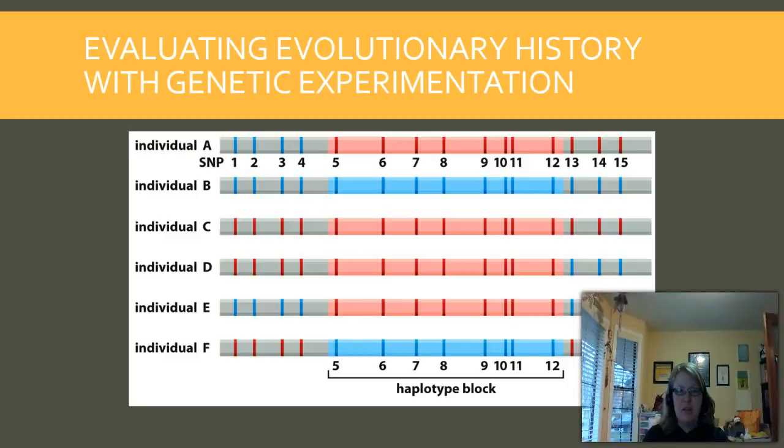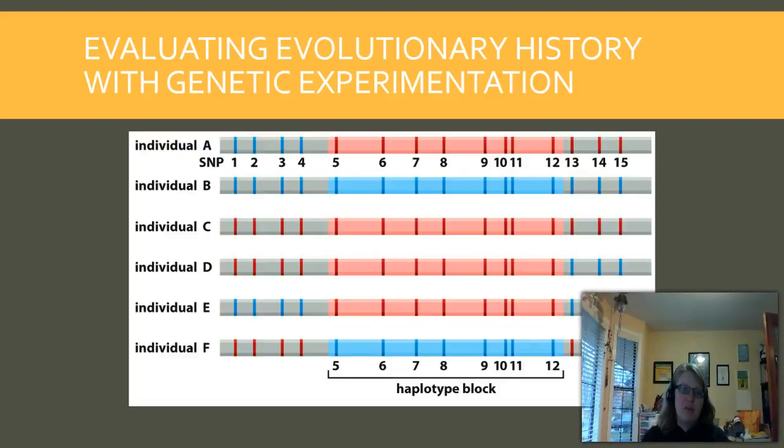You can see an example here with individual B and individual F. They have a similar haplotype block compared to C, D, E, and A. This can help us trace ancestral histories and migrations and help us see how the human population has evolved and moved around, because these haplotype blocks will constantly be changed through crossing over and other events like that.